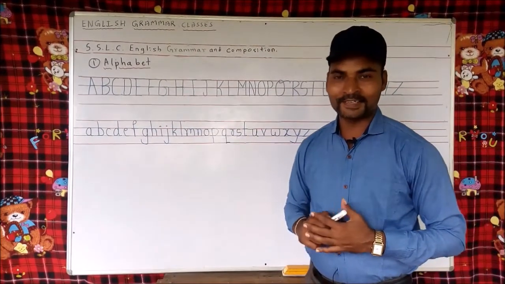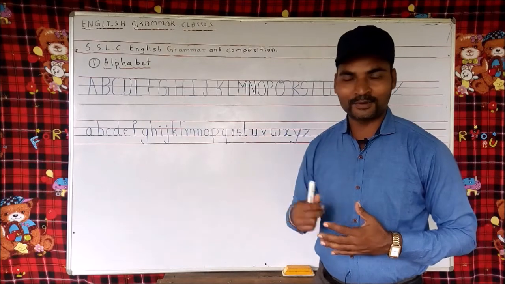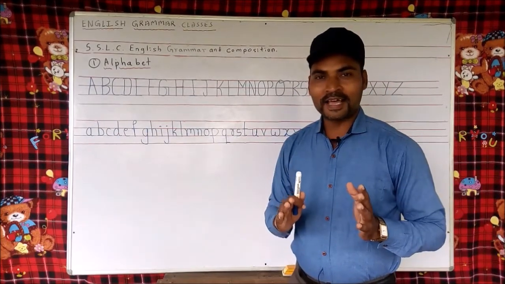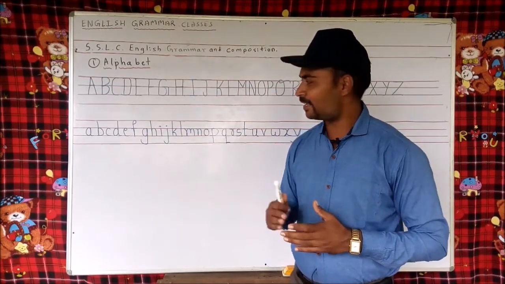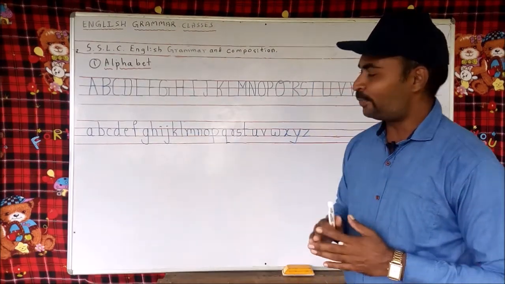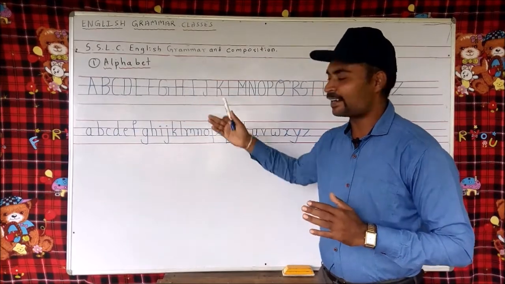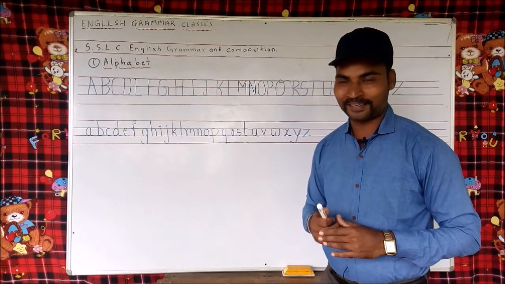My dear friends, as I have already explained to you in the introduction class, the English alphabet has its own size, its own dimensions, and its own ratio also. Based on that size, ratio and dimensions, I tried to explain to you how we should write the English alphabet.